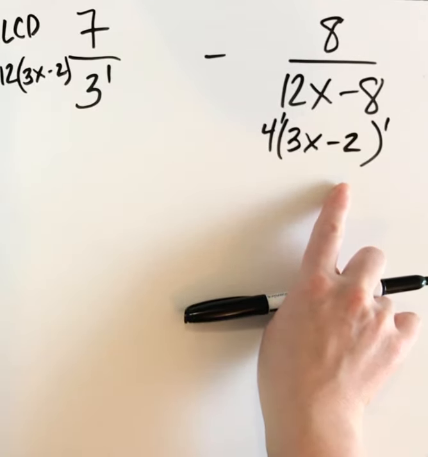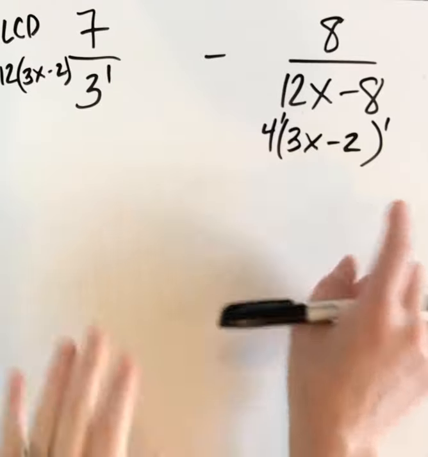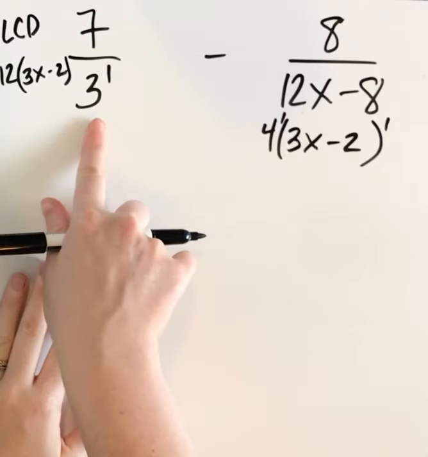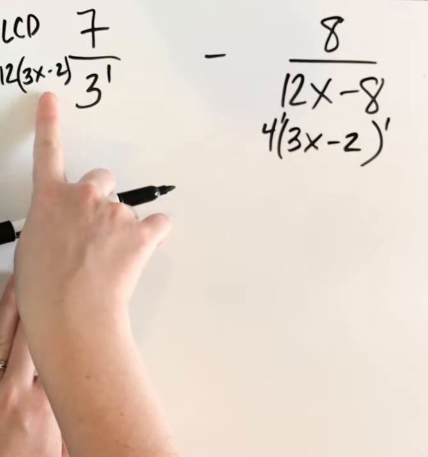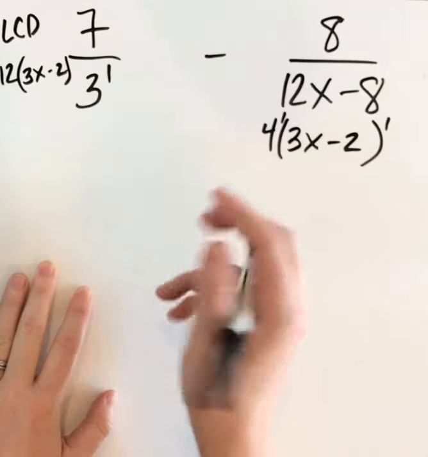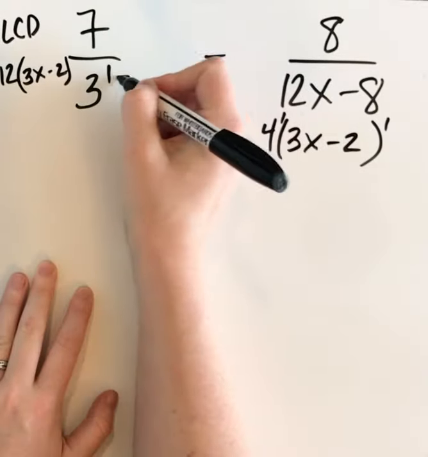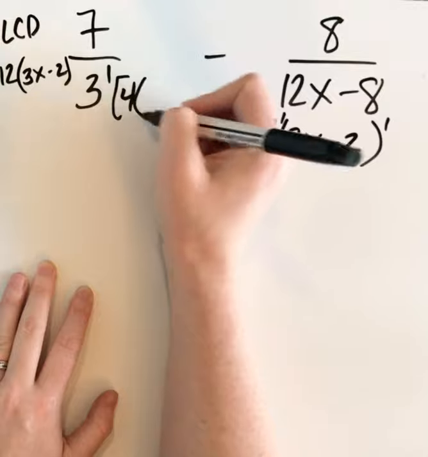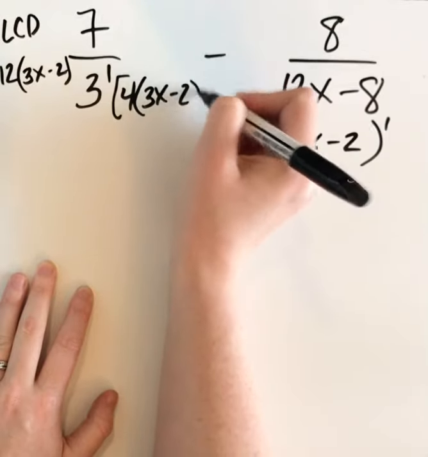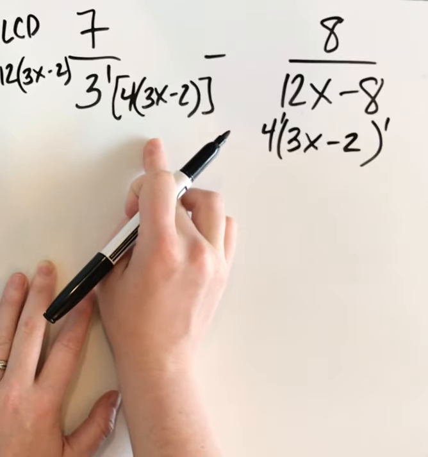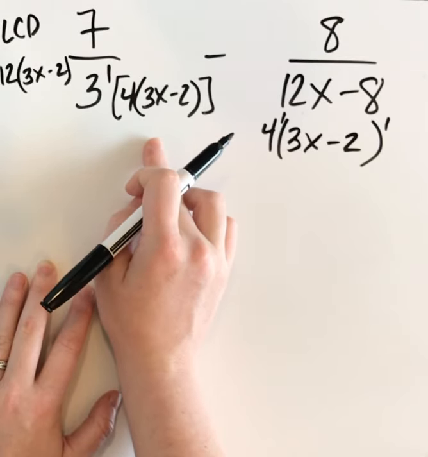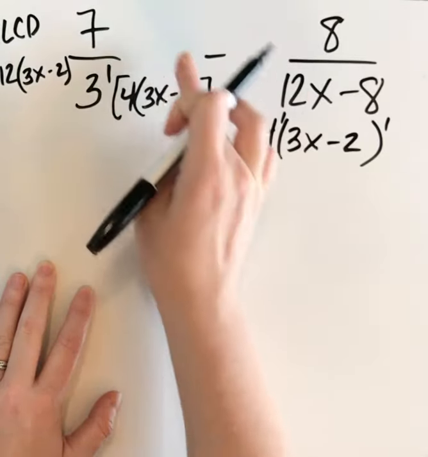So once you've identified the least common denominator, you need to find out what's missing. So we already have a 3 here. We know that 3 times 4 will give us the 12, and we are missing the 3x minus 2. So to get that in the denominator, we've got 4, 3x minus 2. To let this be a legal maneuver or mathematically accurate, we have to not change the quantity of 7 over 3.